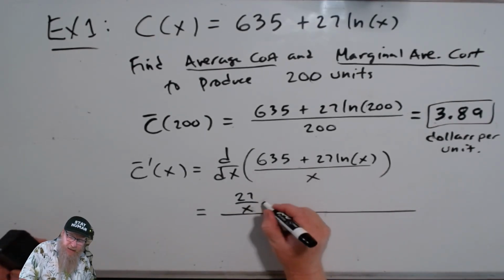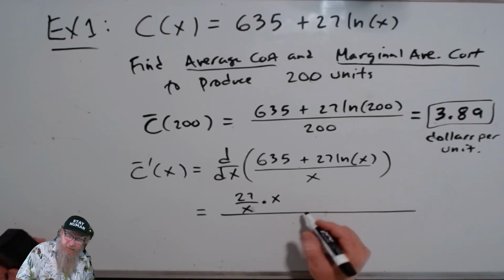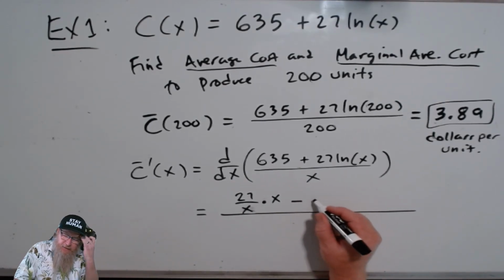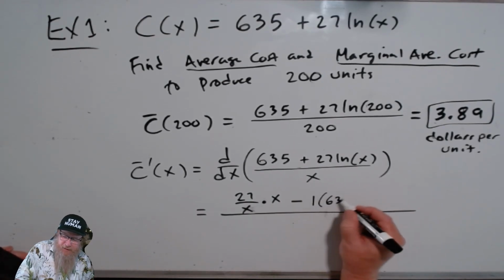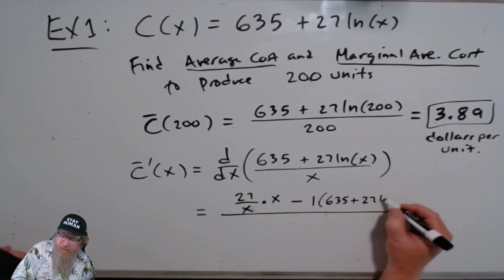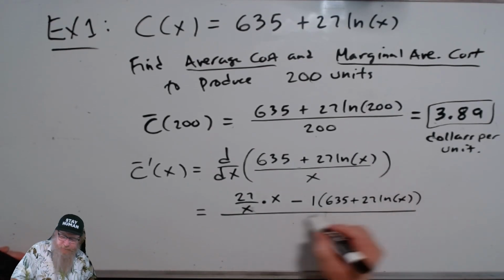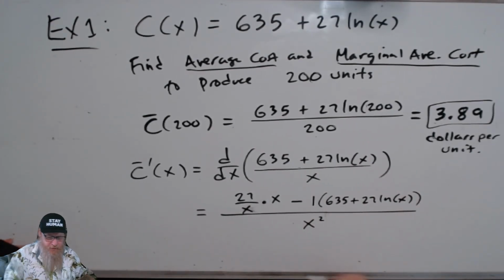So derivative of the top times the denominator, times the bottom, minus the derivative of the bottom, 1, times the top, 635 plus 27 ln of x, all over the denominator squared.